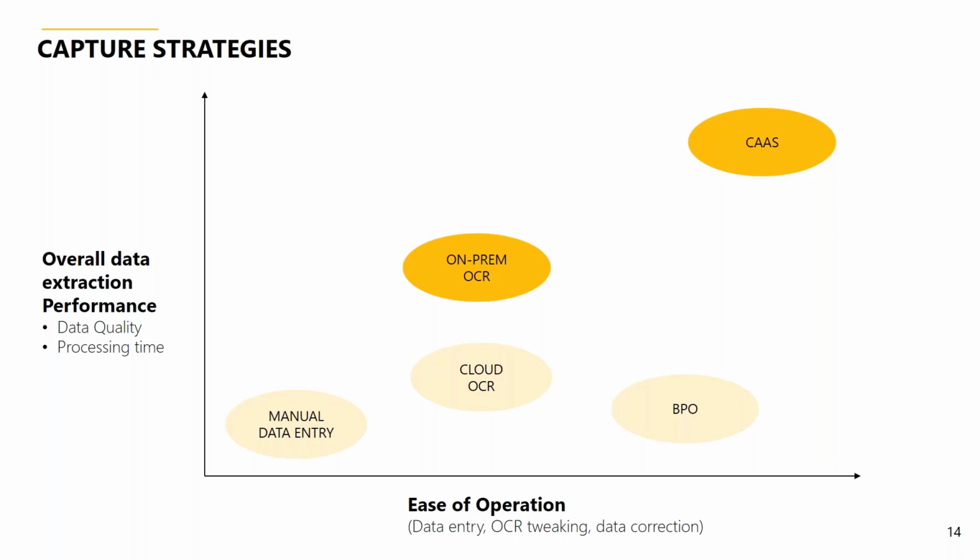The vertical axis represents the result obtained in terms of data quality and processing time. As you can see, if you manually enter a large number of invoices, the investment of FTE is important. The quality of the data, though, is generally poor and processing times are long, so it's not scoring well.